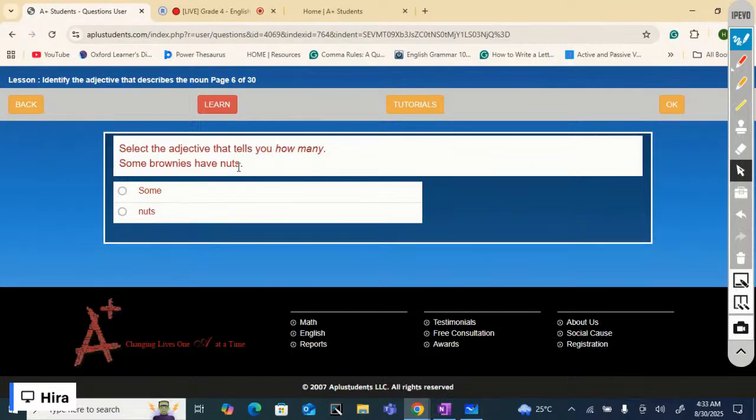Some brownies have nuts. Now select the adjective that tells you how many.